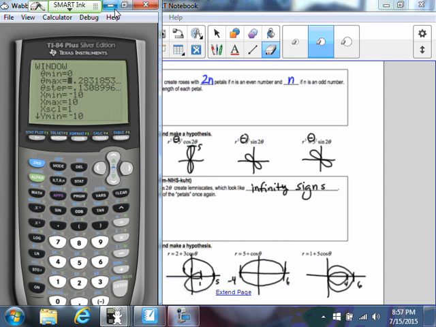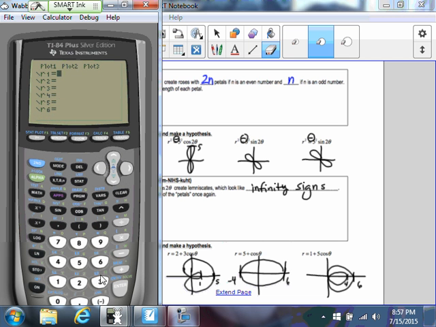All right, the next ones involve 3 plus 2 cosine theta. Let me go ahead and do that one. I'm going to go to my y equals and clear these out. So I get the 3 plus 2 cosine theta, and it looks kind of funny.